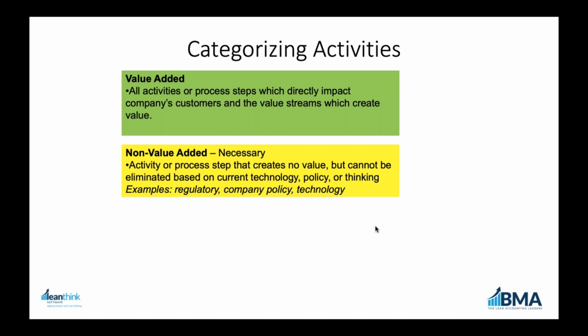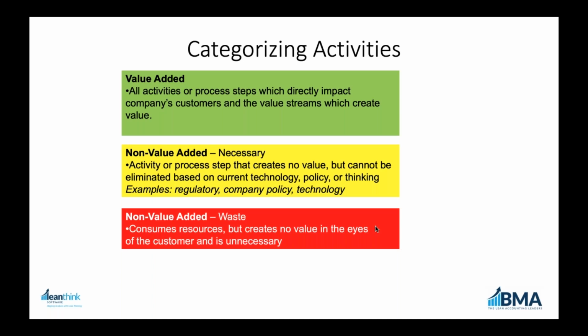So what's important to understand here is that we want to distinguish these three categories of activities. The third category is basically the pure waste. These are any activities that consume resource time, but create no value in the eyes of the customer.